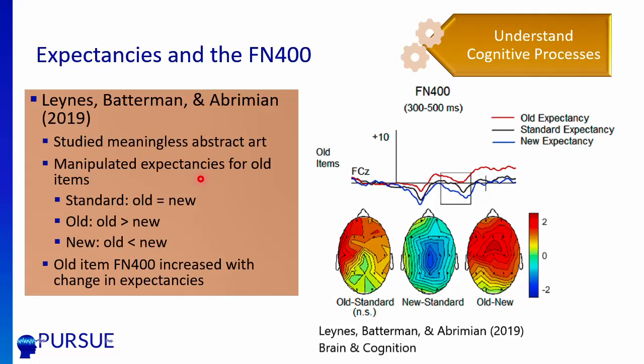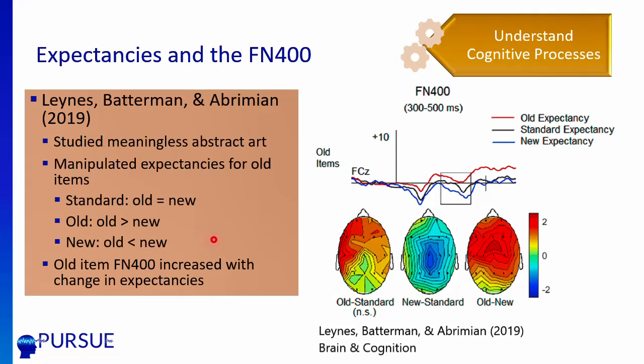What we did, though, is we changed people's expectancies. We had a standard condition where we told people the same number of old and new items appear on the test. And then we had another condition, same people, same stimuli, these abstract arts, where they expected more old items on the test. And then we had a third condition where they expected more new items on the test. The reality was, on every one of these tests, the same number of old and new items appeared.